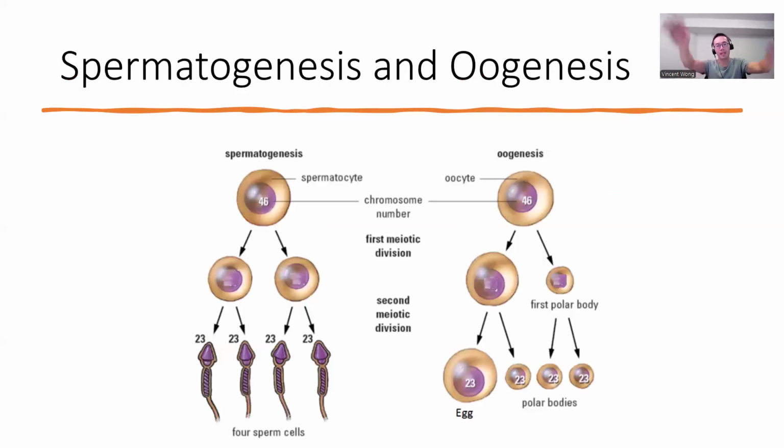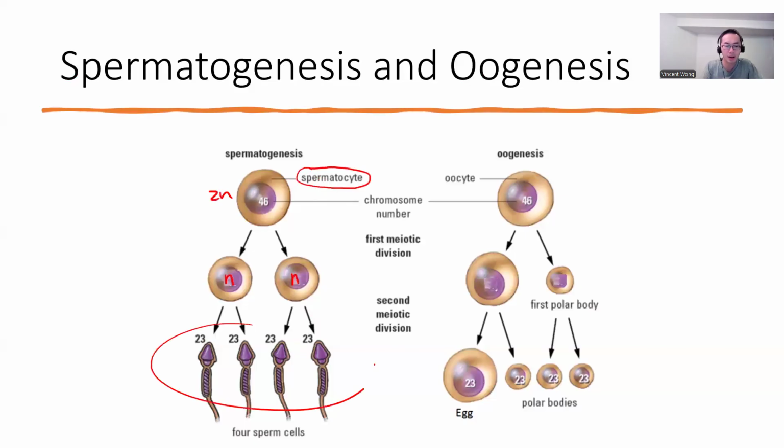Okay, side by side comparison. On the left side, we have spermatogenesis, which begins with a germ cell, and the germ cell is called spermatocyte. Okay, how many chromosomes in the spermatocyte? 46 chromosomes, full set, 2N. Okay, and then it goes through the first round of meiosis, and it's going to be N. And then it's going to divide one more time.